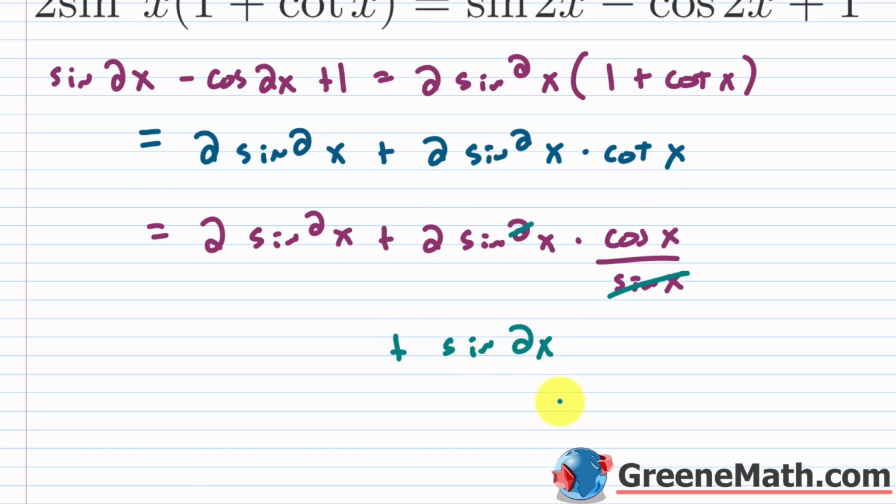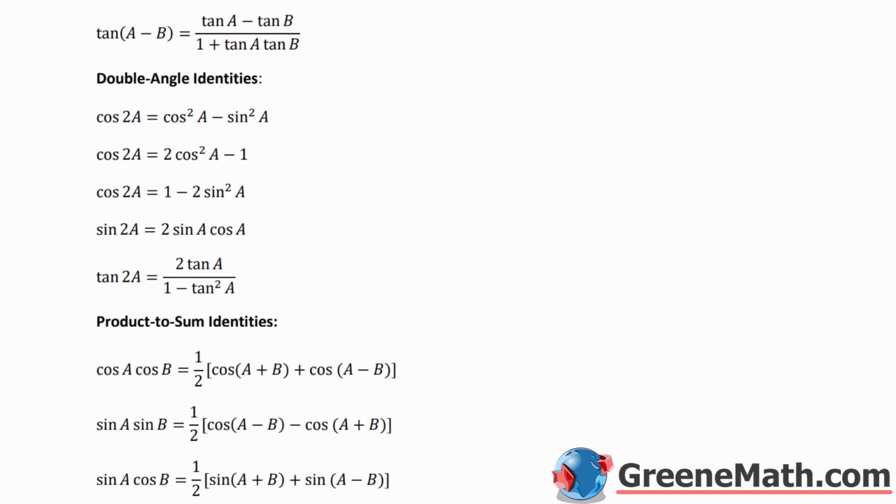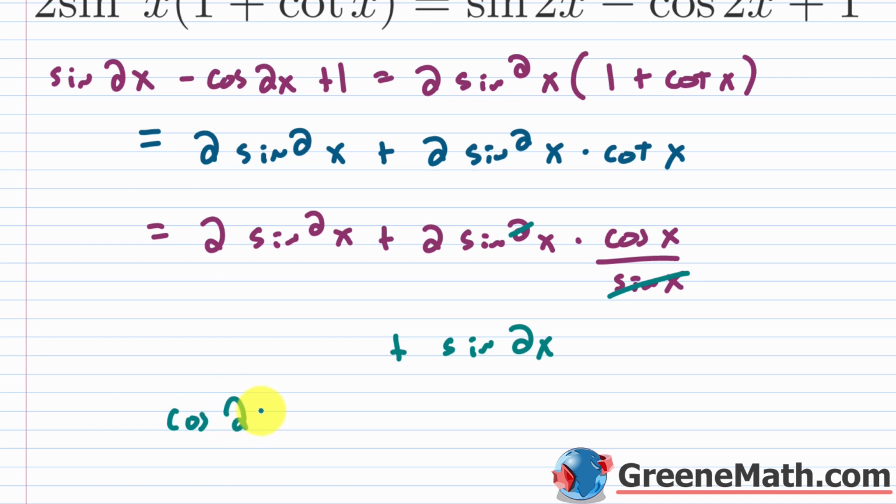So at this point, I have this part right here. What I need is this negative cosine of 2x plus 1. So how do I get that? Well, look at this 2 sine squared x and come back to the little handout. See this guy right here where it says cosine of 2a equals 1 minus 2 times sine squared a? Let me write that out. So if we have the cosine of 2a, this is equal to 1 minus 2 times sine squared a.